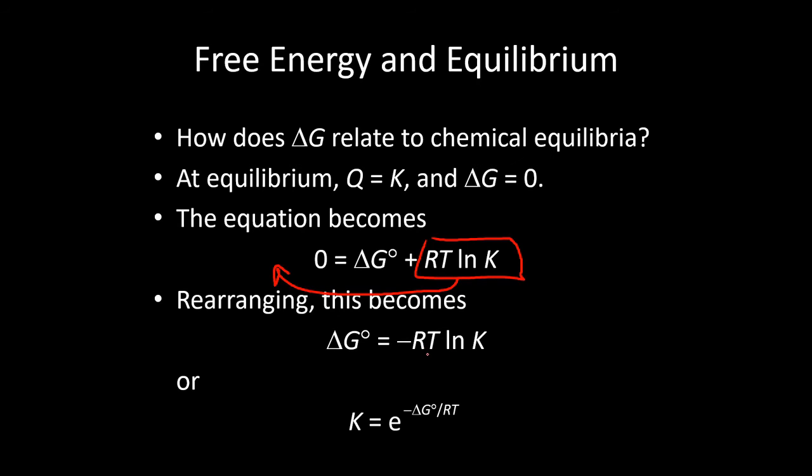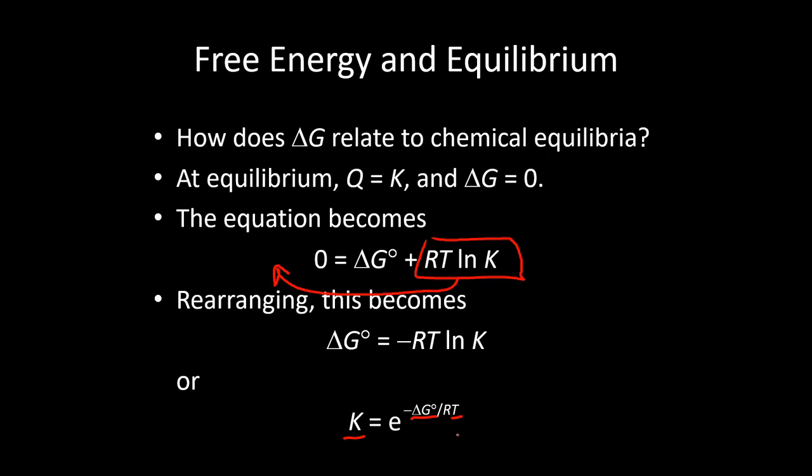And even this is not the normal way that you see this equation. This is perfectly reasonable and perfectly usable, but usually the way you see it represented is like this, because most of the time what you're going to be looking for is that K value. So if you're trying to work out what the equilibrium constant would be for a theoretical reaction that you're interested in running, you could go to a table, work out what the standard Gibbs free energy is, and plug in whatever temperature it is you want to use this at.